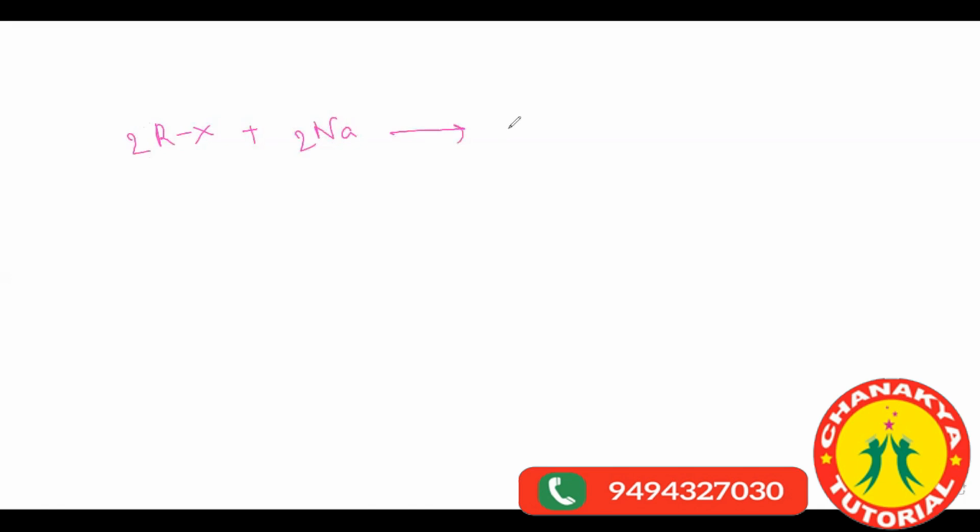You will get 2 moles of NaX, and this R and R will be coupled with each other to form a higher member of alkane. Whatever alkane you started with, you will get exactly double. Suppose you started with ethane, you will get butane. If you started with propane, you will get hexane.